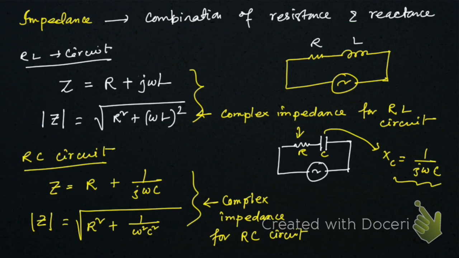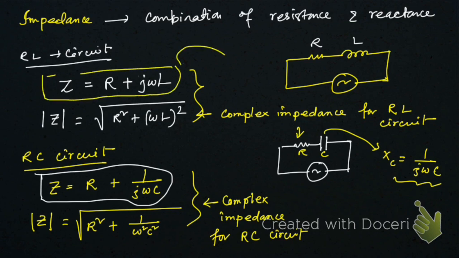So this is the complex form of impedance in an RC circuit, and here we have got the modulus of Z. So hope you have understood.